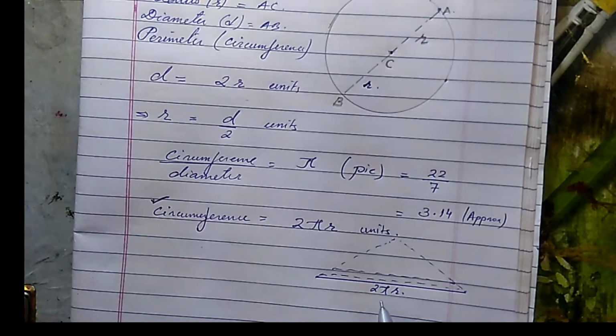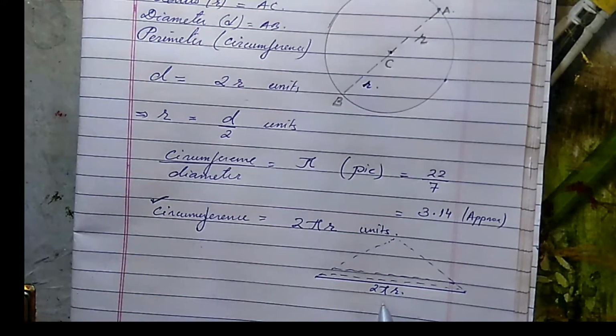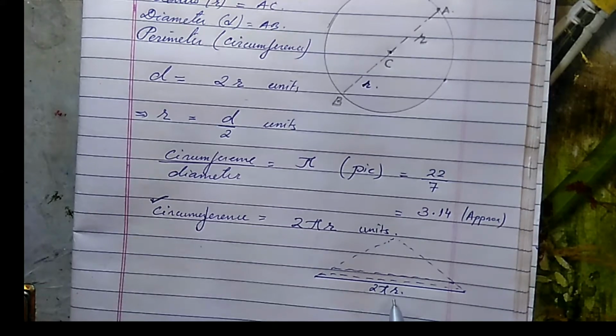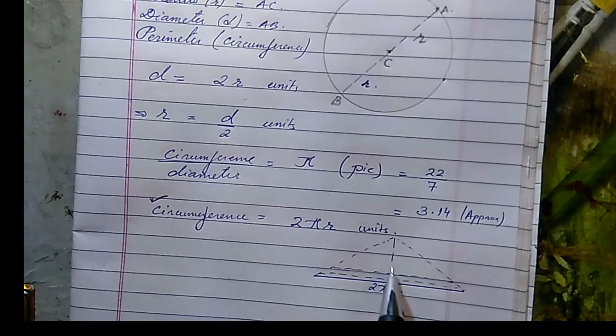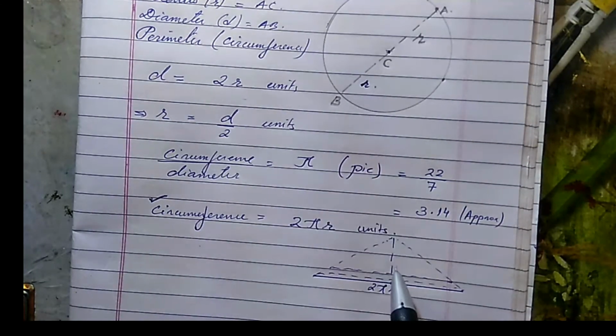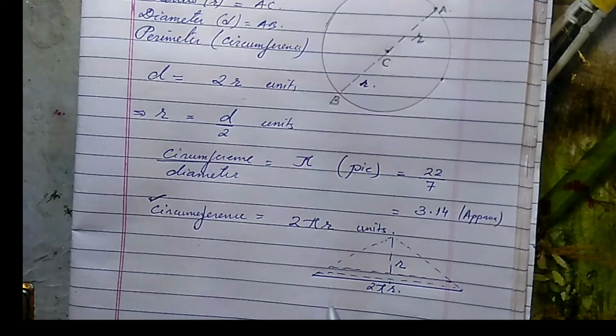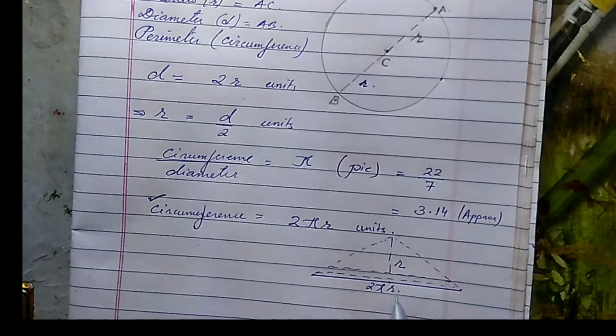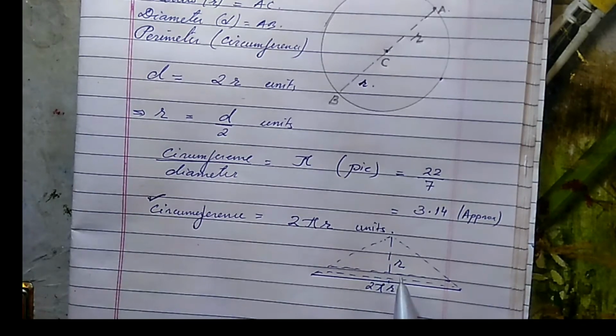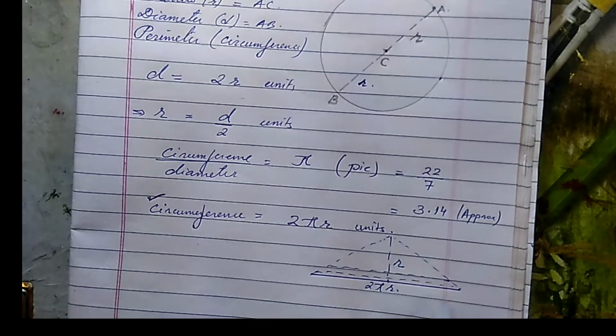Now we know that the length of the outermost circle is 2 pi r and the height or this radius is r. So we get a triangle whose base is 2 pi r and its height is r. So how do we find the area of this triangle?